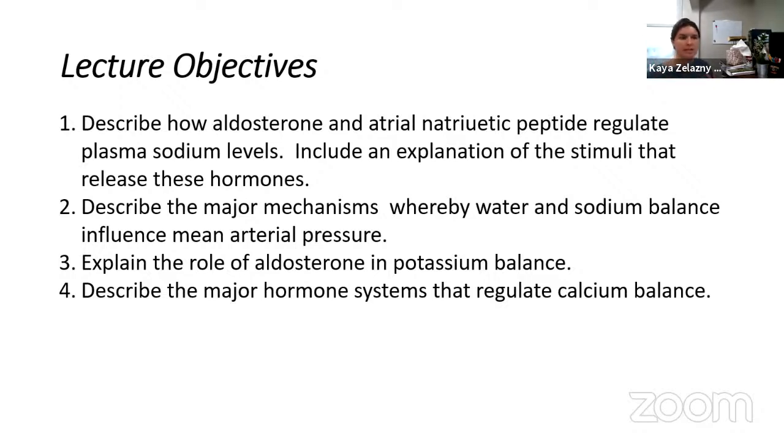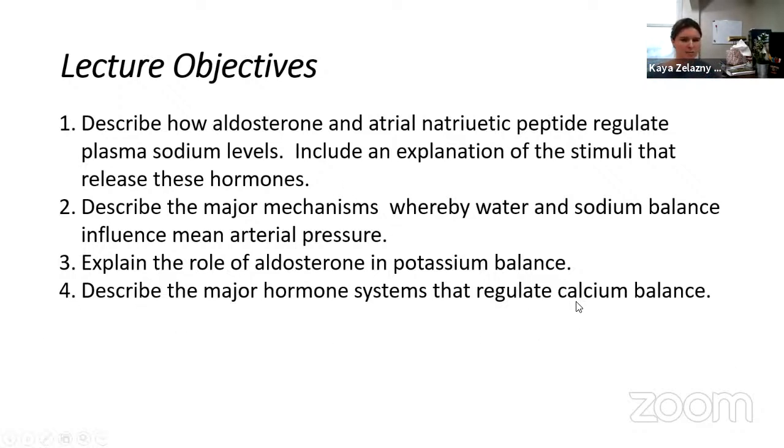So we're going to take a look at this linkage between sodium levels and water balance, which is why it's important that we understand ADH before we get there, because these two systems are kind of going to work in conjunction to influence mean arterial pressure.